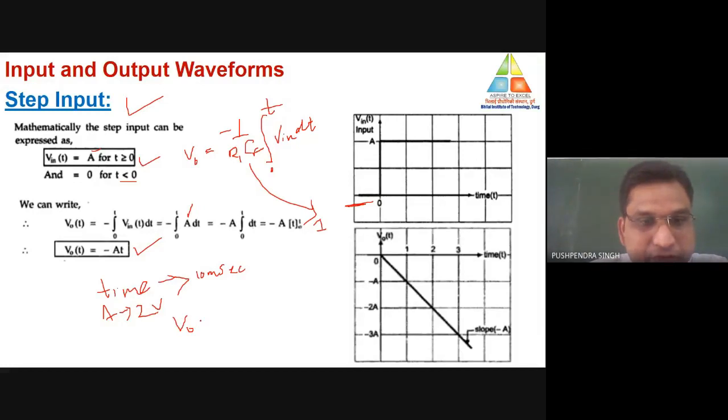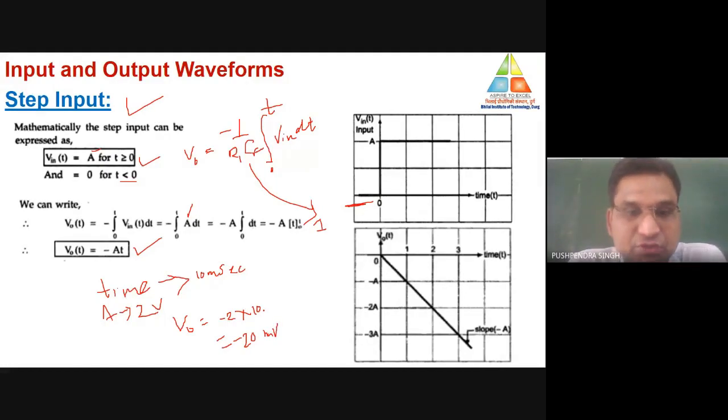V naught is equal to minus 2 multiplied by 10. That will be equal to 20 millivolt. So that much output can be generated. Suppose the value of time period is in second. Then the output will be minus 20 volt.